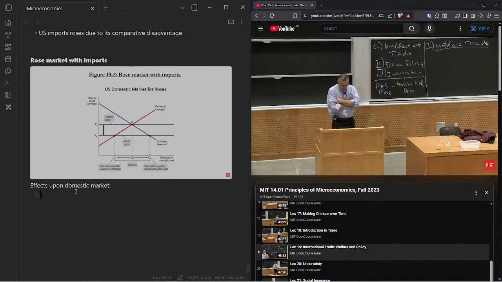Well, one, domestic firms will produce less because the price is lower and they can't compete with the global supply. Well, they can't basically. Price is lower. And that's QT.